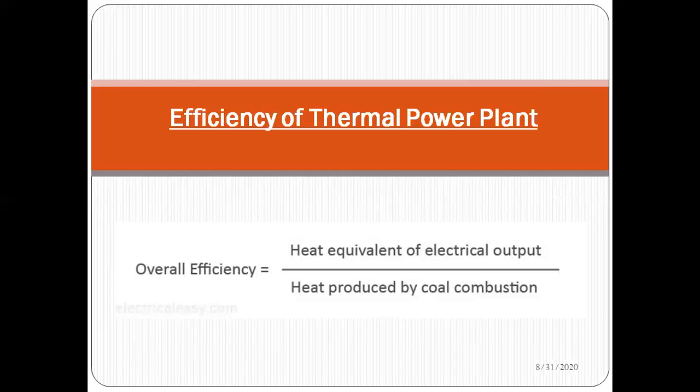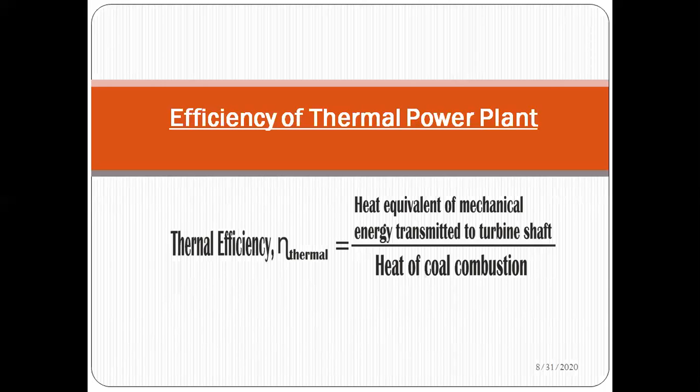Now, first of all, we have the thermal efficiency. The thermal efficiency means the heat equivalent of mechanical energy transmitted to the turbine shaft divided by the heat of coal combustion. That is, it is the ratio of how much mechanical energy will be available at the shaft so that the shaft can rotate, to how much heat of combustion.